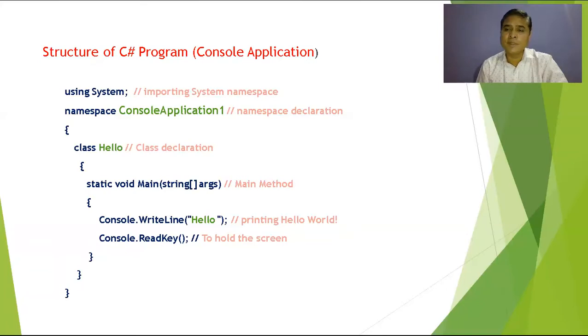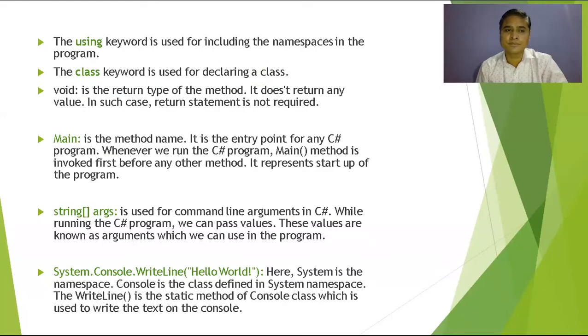In C, printf. In C++, cout. In Java, System.out.println. And Console.ReadKey is used to hold the screen. It is similar to getch in C, to hold the screen to see the output of the current application.